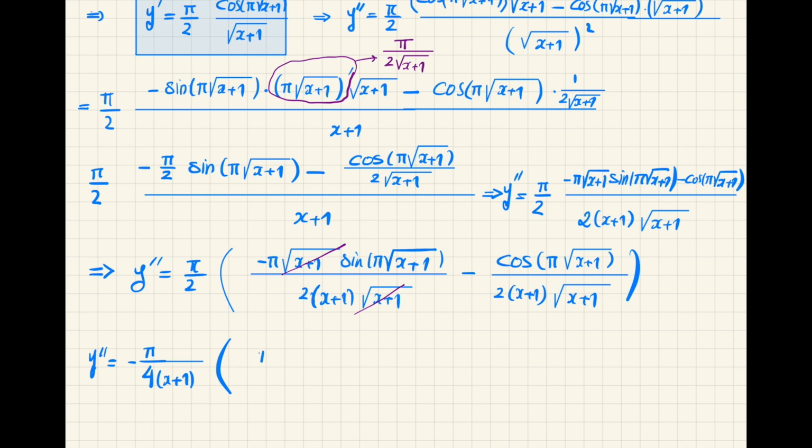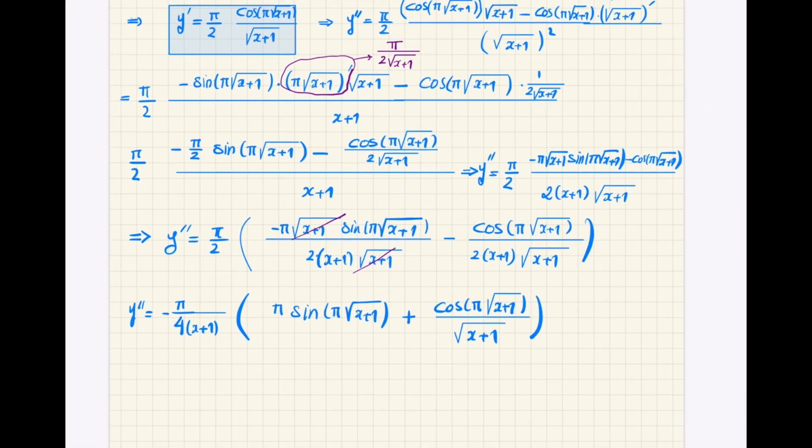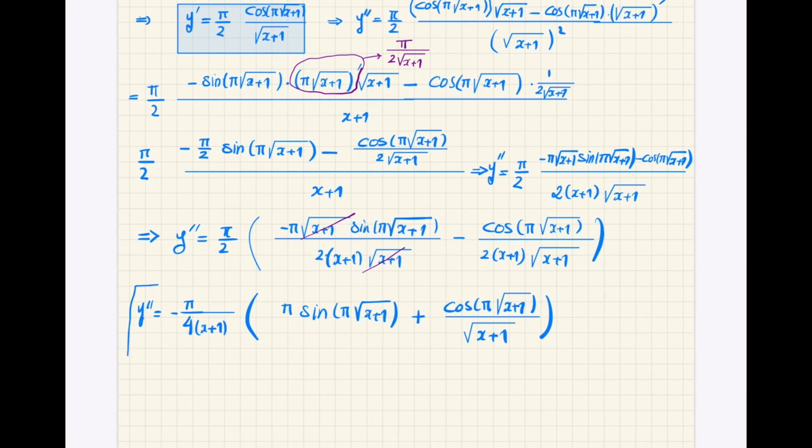I am left with 1 pi sine pi square root of x plus 1, plus cosine pi square root of x plus 1 divided by square root of x plus 1. So finally, this is my y double prime.